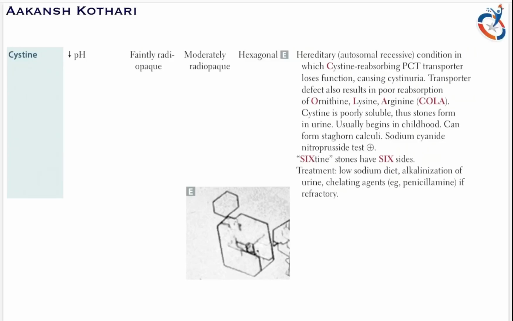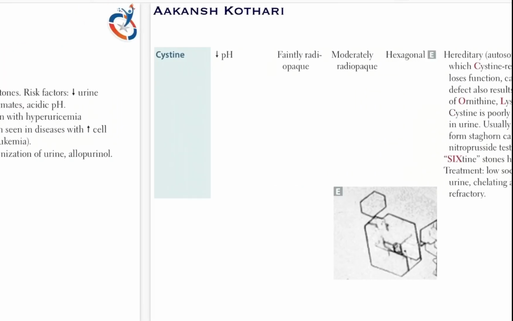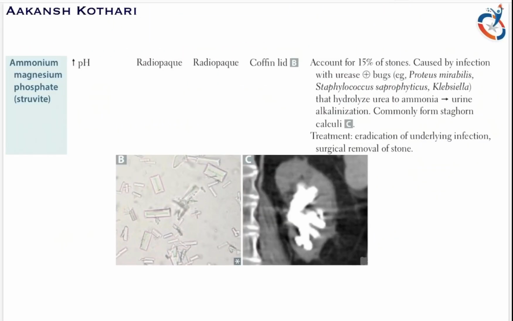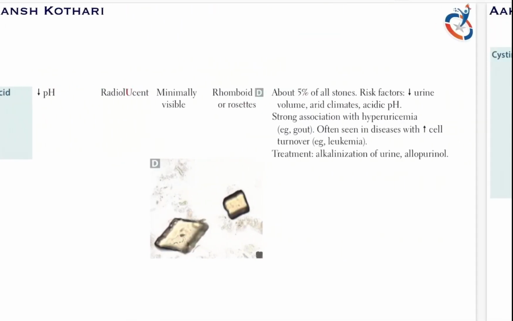So, if there is any defect in reabsorption of cysteine, it can majorly result in cystine stones. Now, it is usually in childhood, as I said, and can form staghorn calculi. So, you know where else the staghorn calculi is present? I'll take you back. Yes, it is the ammonium magnesium phosphate stone where staghorn calculi are present.